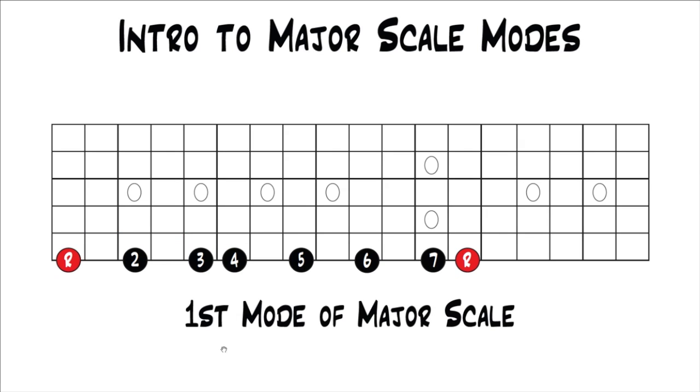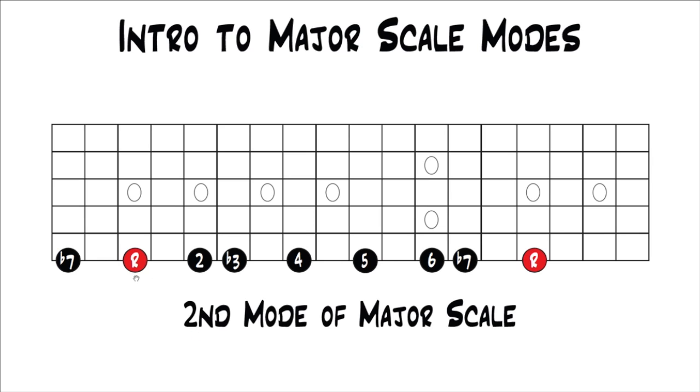So technically, when you play a major scale from the root to the root, you've played the first mode of the major scale. When you play the major scale from the second note to the second note, which becomes your new roots, you've played the second mode of the major scale, and so on, all through the notes of the major scale. So there are 7 modes of the major scale because you have 7 notes of the major scale.